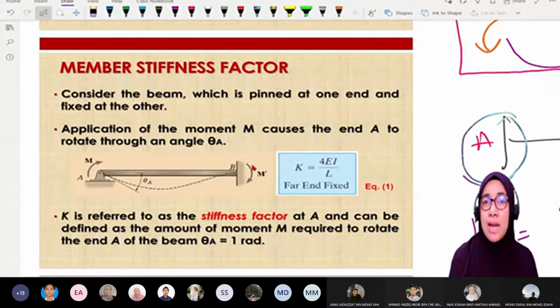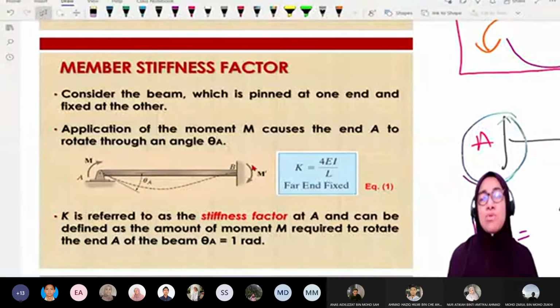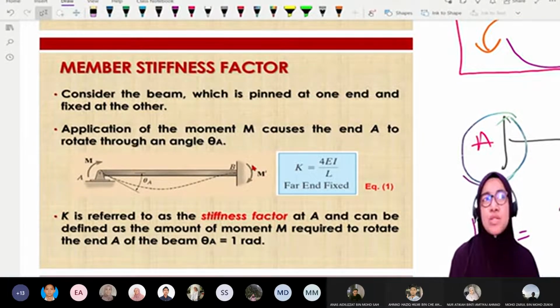Buku Aslam Kassimali ada dekat library, untuk MDM dan juga slope deflection method. So assumption that has been made for MDM and SDM sign convention is counterclockwise positive. Okay, yang kita follow adalah textbook R.C. Hibbeler, clockwise positive.